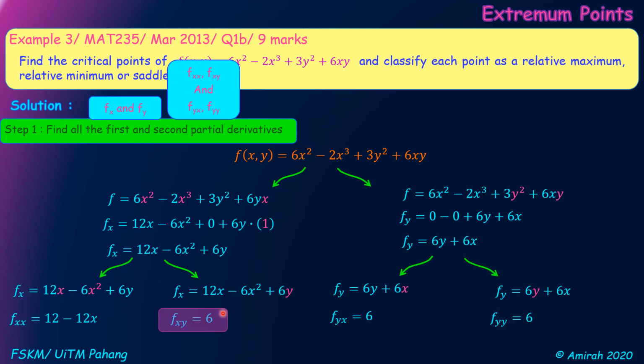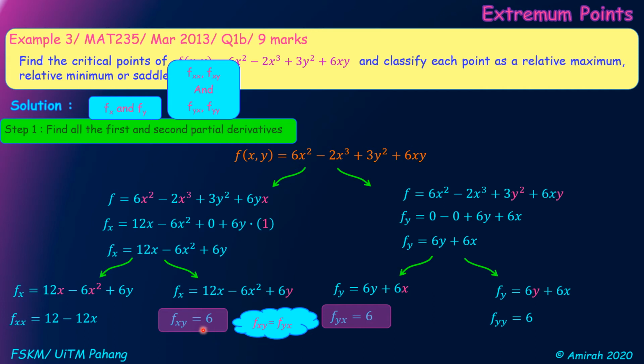Alright. After that, we can check whether we differentiated the correct function, or the correct answer. From here, we have fxy equals 6. And from here, we have fyx equals 6.